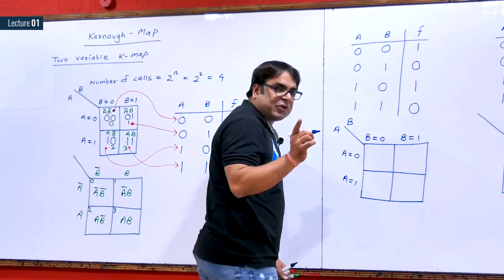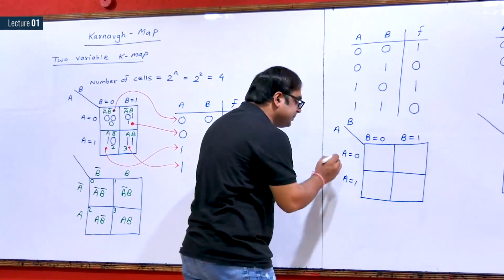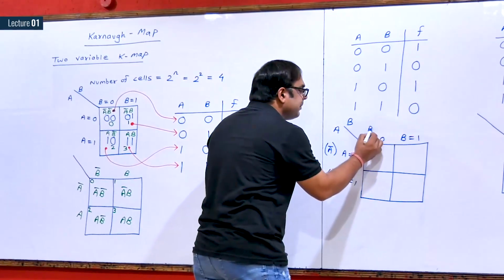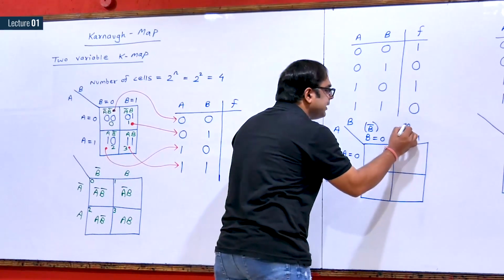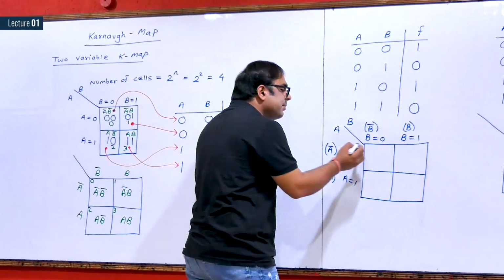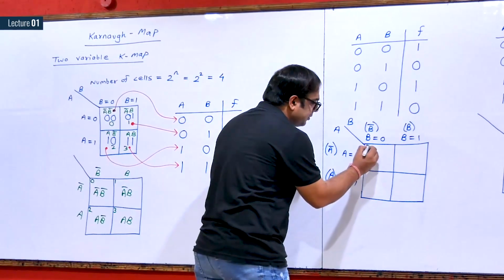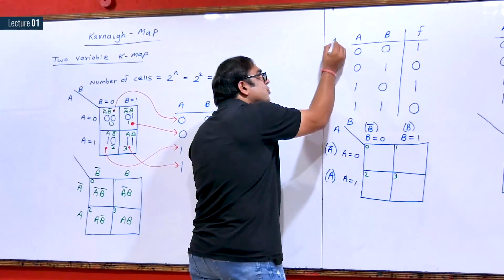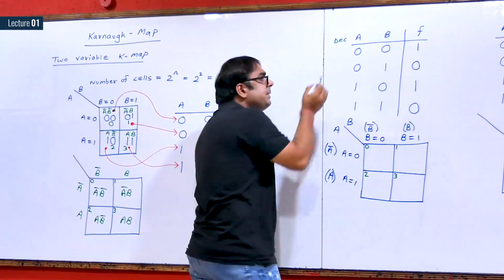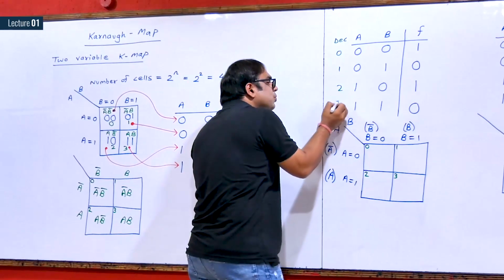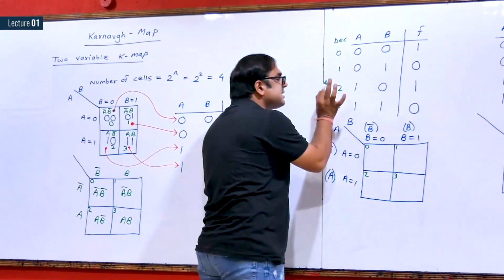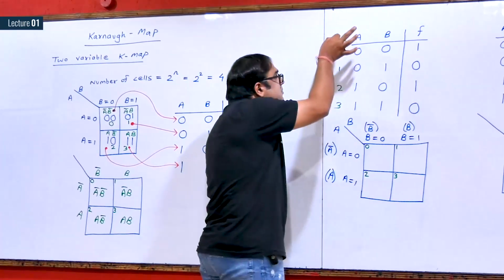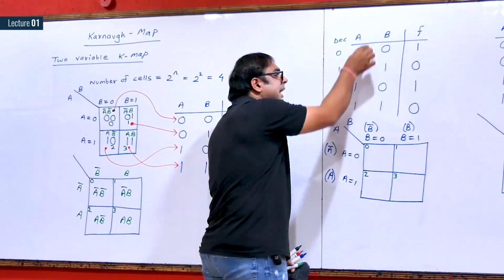Since we are using SOP format, this will be A complement, this will be normal A, this will be B complement and this will be normal B. Cell numbers will be 0, 1, 2, 3, which correspond to the decimal combinations of A and B.